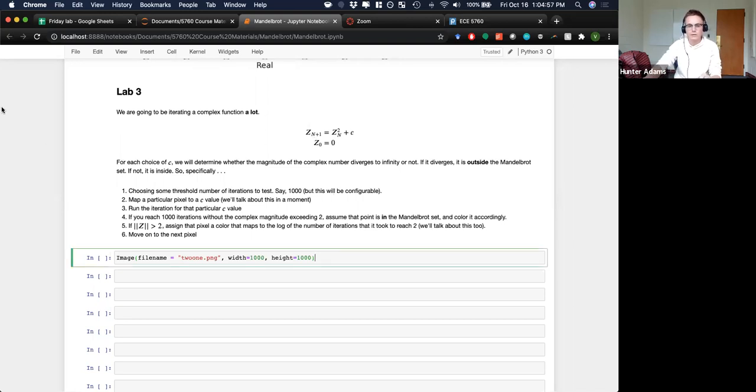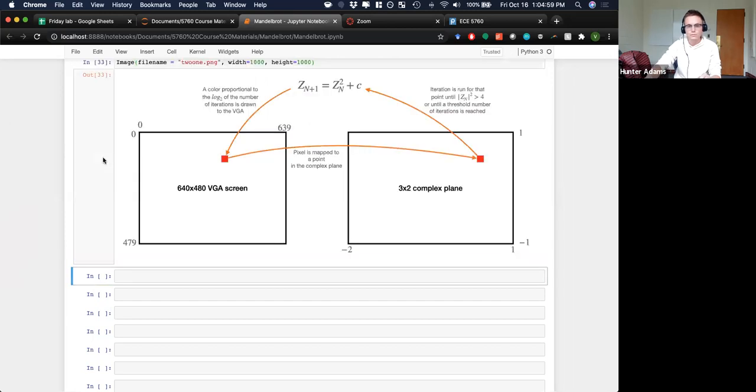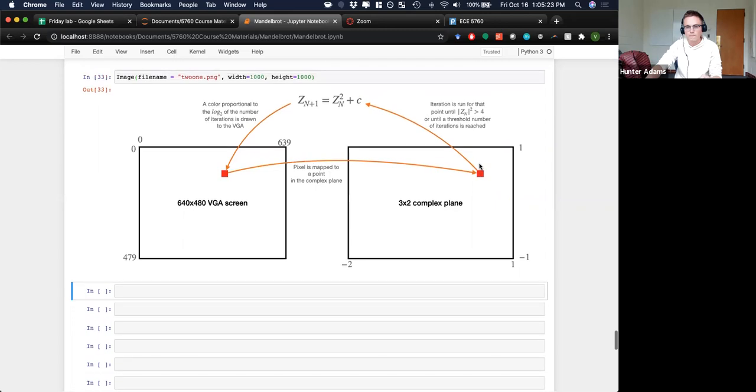So visually, that looks like this. We are choosing a particular pixel on the 640 by 480 screen. That pixel gets mapped to a particular point in the complex plane. So we're going from 640 by 480 to a range of 3 by 2, doing a one-to-one mapping of pixel to complex number.